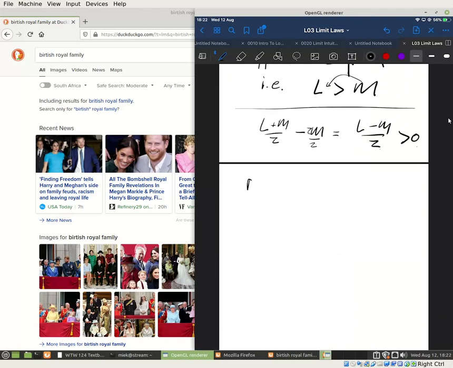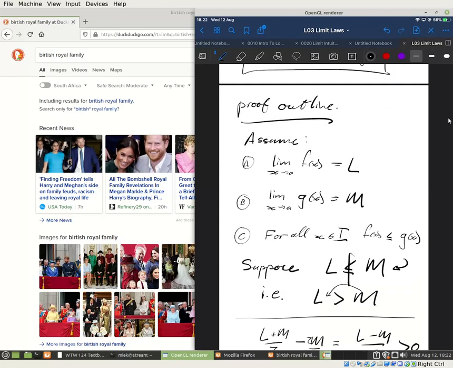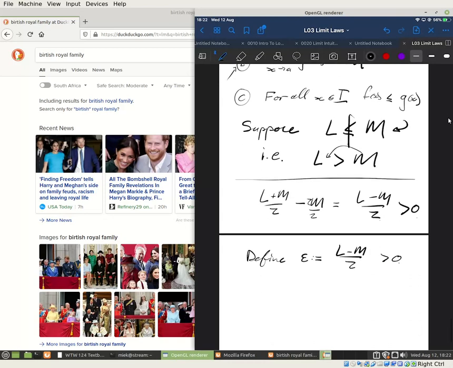But let us define epsilon as L minus m over 2, which is bigger than 0. Now we are going to buy deltas from shop A and shop B, which work with this epsilon.